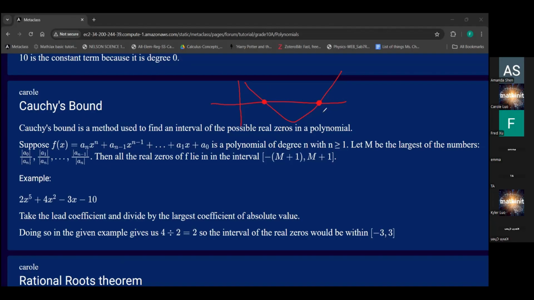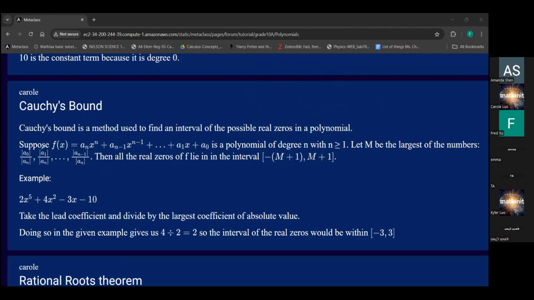These are the zeros, and a polynomial can be written as x minus whatever the zero is, times x minus the other zero, and so on and so forth. Just in case you forgot what the zeros of a polynomial are.